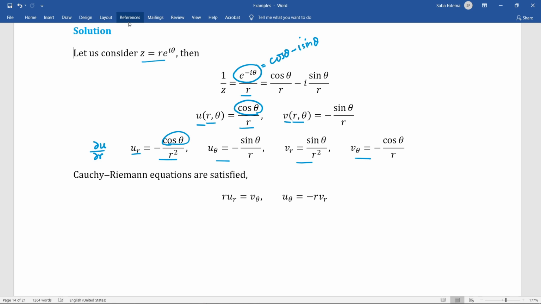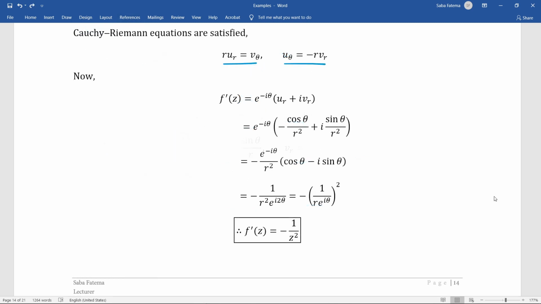So we see that the Cauchy-Riemann equations are satisfied here. Now we will find the derivative of f, which will follow this formula. We just replace the values of u sub r and v sub r, which we have already found. After some simplification, we get f prime z equals negative of 1 over z squared, which was asked to show.